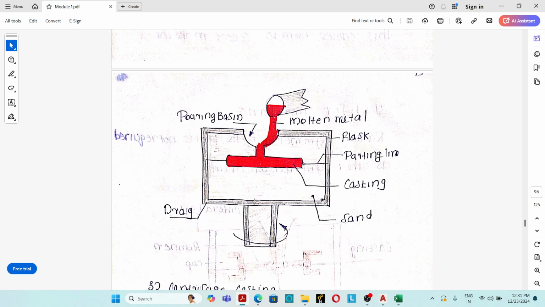This type of casting is always used for castings that possess rotational symmetry.